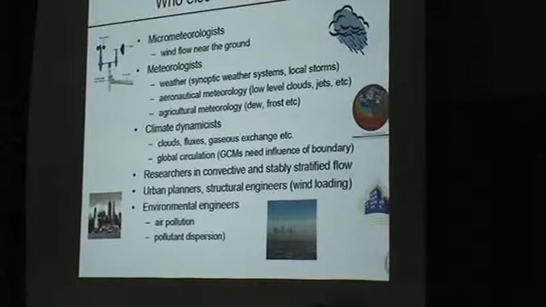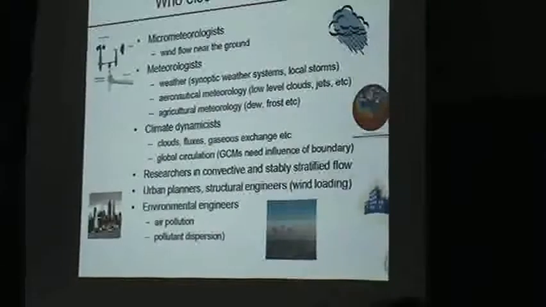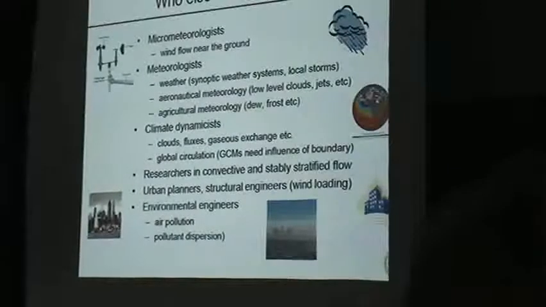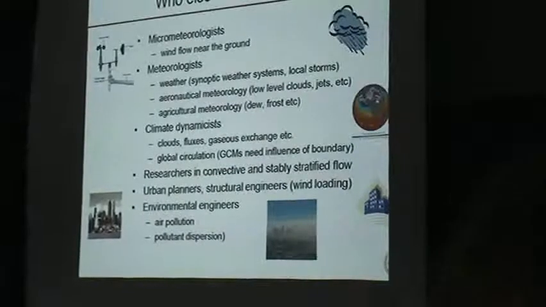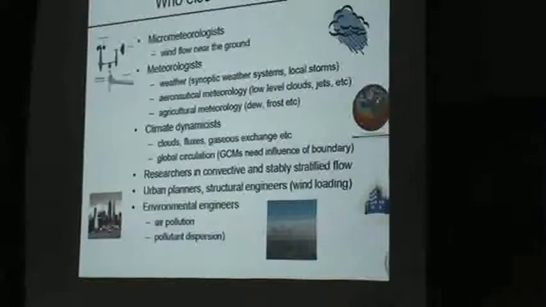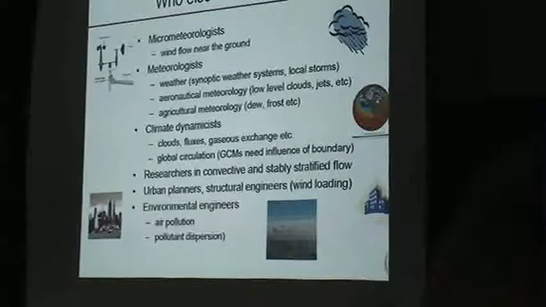Aeronautical meteorology asks what the conditions will be like for aircraft. There's predictive weather, agricultural meteorology, then on a bigger scale, climate analysis: how does one understand fluxes, clouds, gaseous exchange. And global circulation models, GCMs, are used to account for the effect of the boundaries.